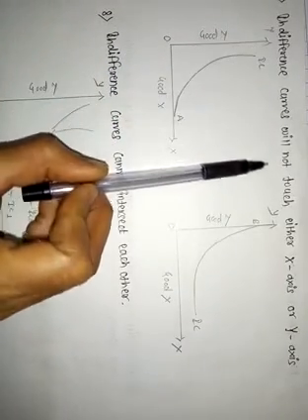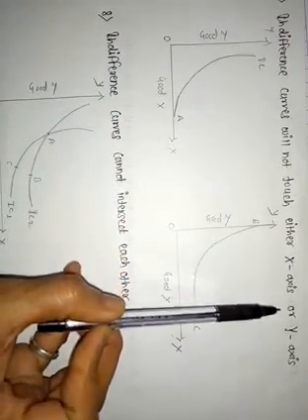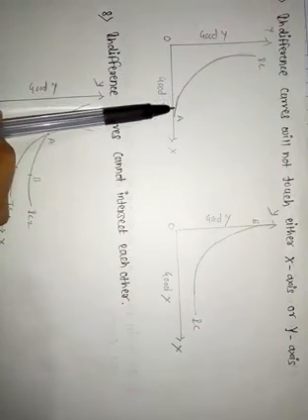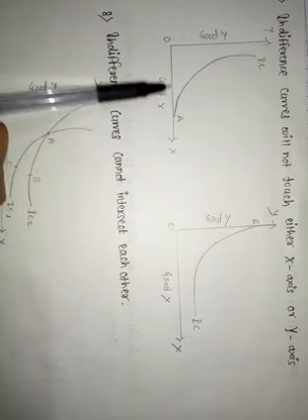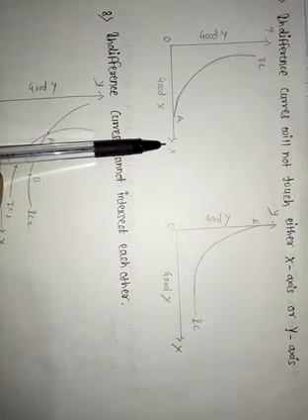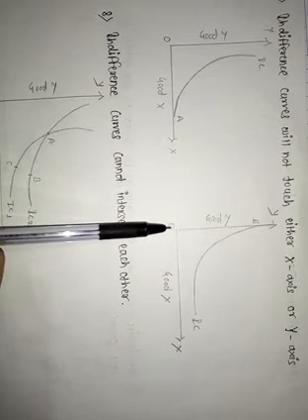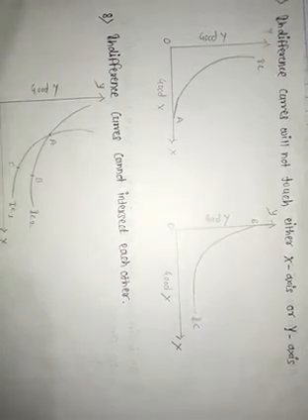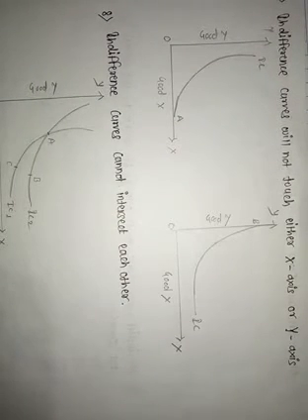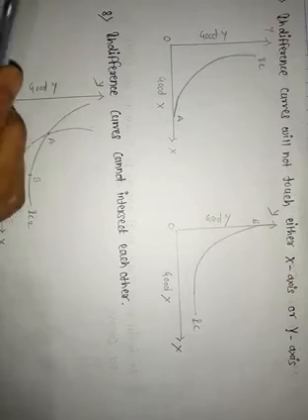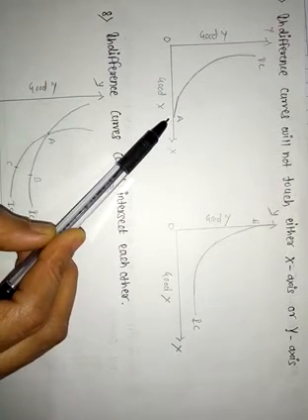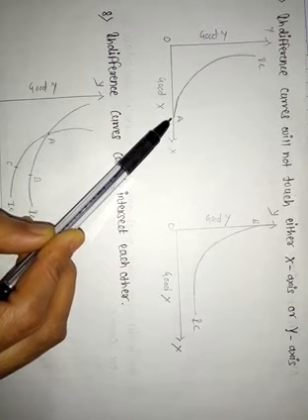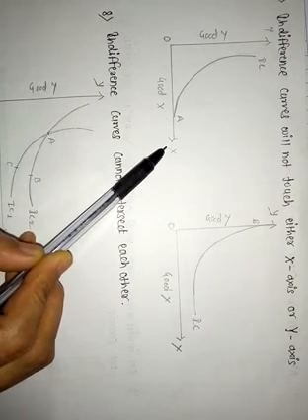Then next one, indifference curves will not touch either the x-axis or the y-axis. The consumer is having only X commodity at point A if the indifference curve touches only the OX axis.